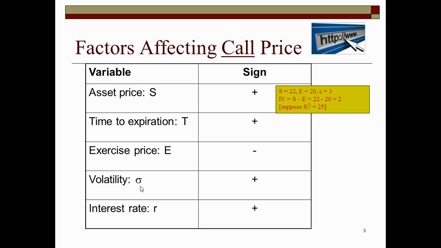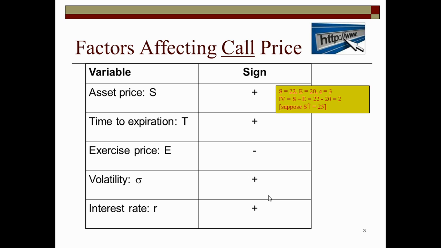Now though, in the case of an option, volatility is actually a variable that positively impacts the price of a call. And the reason is simple: the more volatile a stock is, the more valuable the call would be, because volatility means that the price can shoot up or shoot down in very significant ways.